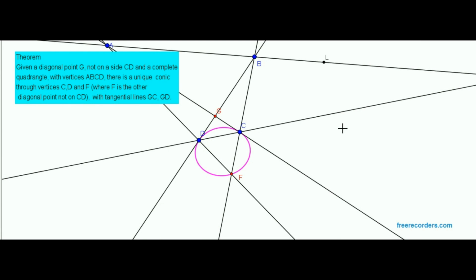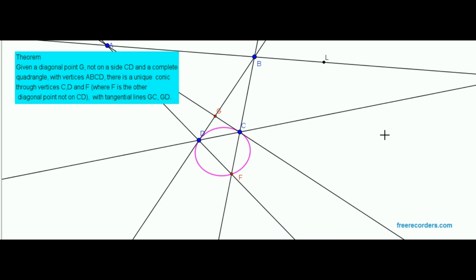Okay then, so let's try and rigorously prove, fairly rigorously prove, the uniqueness of this special kind of conic. So how are we phrasing our result?